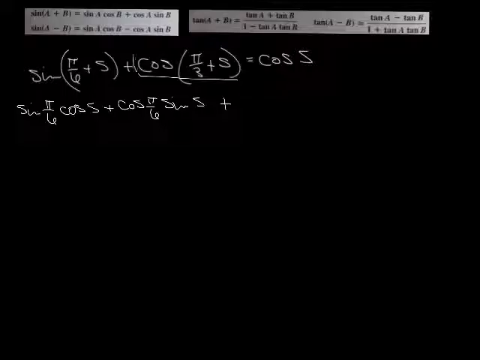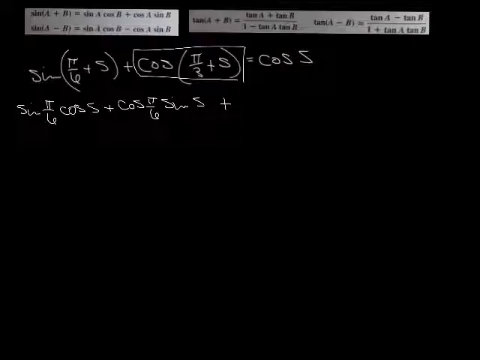cosine of s plus cosine of pi over 6 sine of s, plus, and then we're going to do this one. We're going to go back to the table and do that.